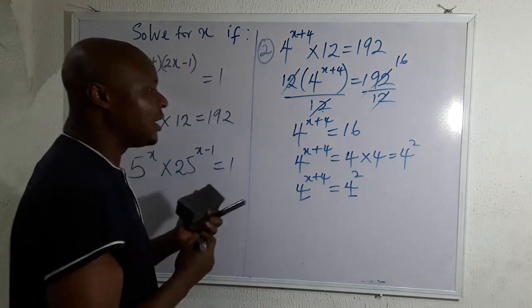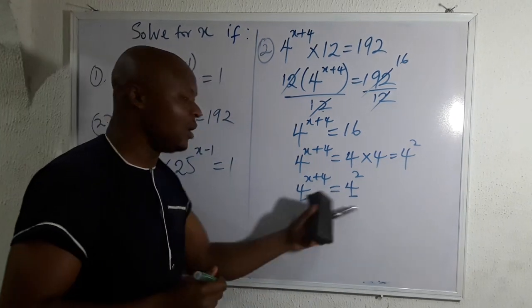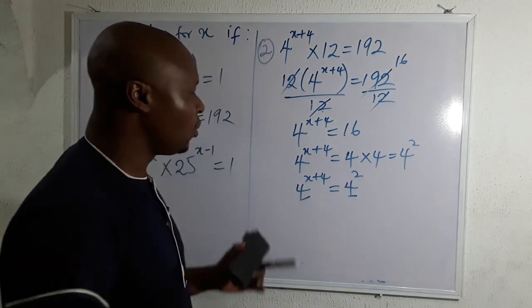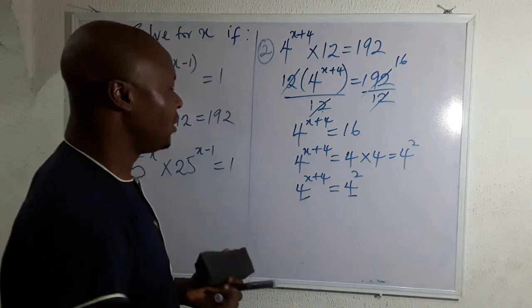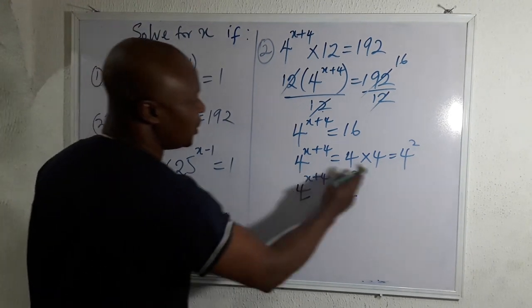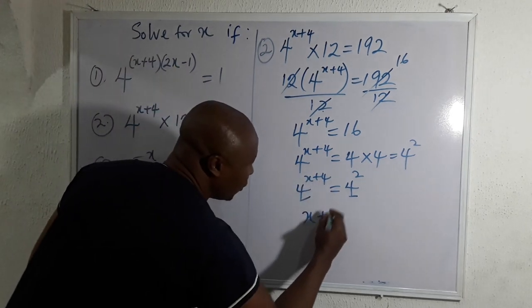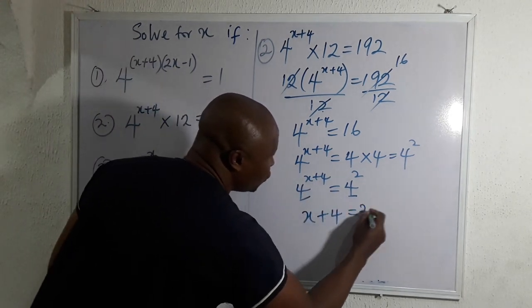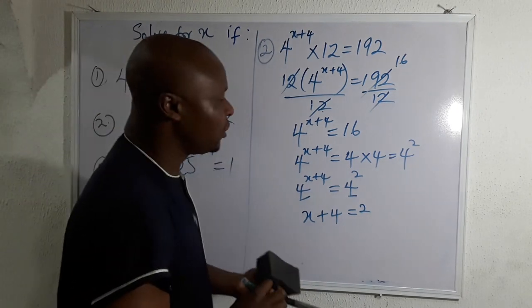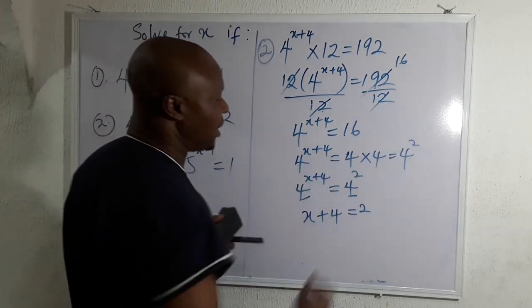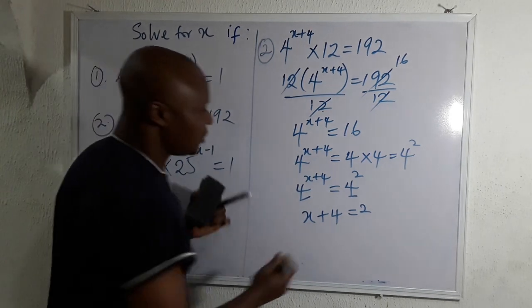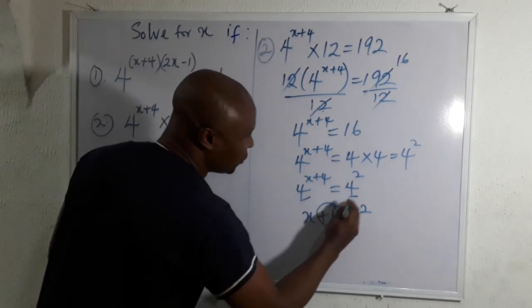Once again, we can see that the bases are equal. So once the bases are equal, separated by the equality sign, what we need to do is to equate the powers. So that will mean x + 4 is equal to 2. So we collect like terms by moving all constants to the right hand side. We move plus 4 to this other side.